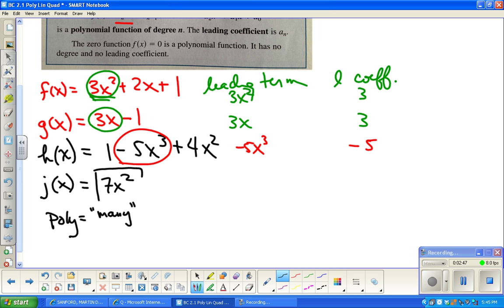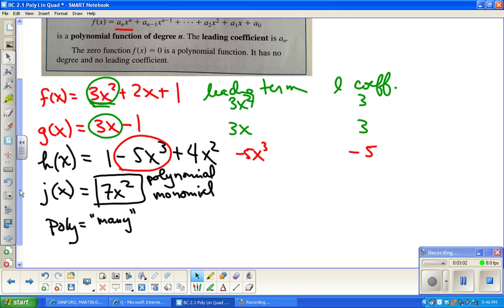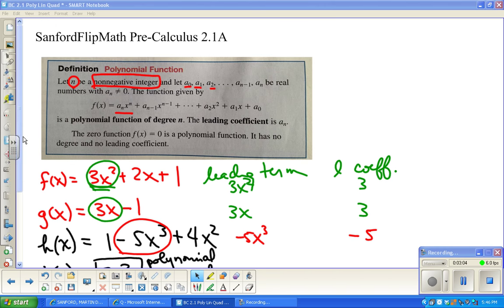But this polynomial only has one term. This polynomial happens to also be a monomial. So it is a polynomial. It is also a monomial. It's still considered a polynomial because it still fits that little definition there. It just says that it needs to have at least one term.